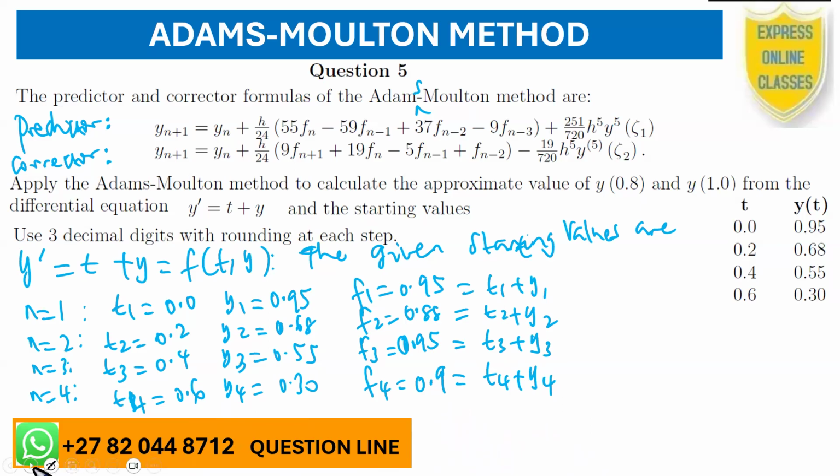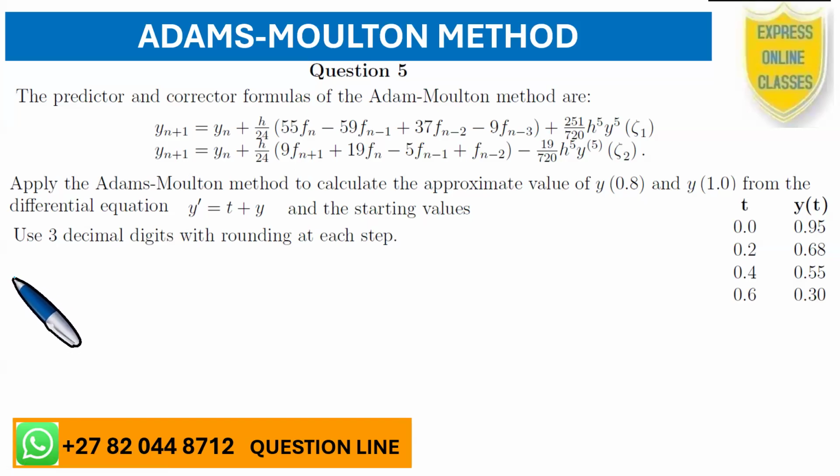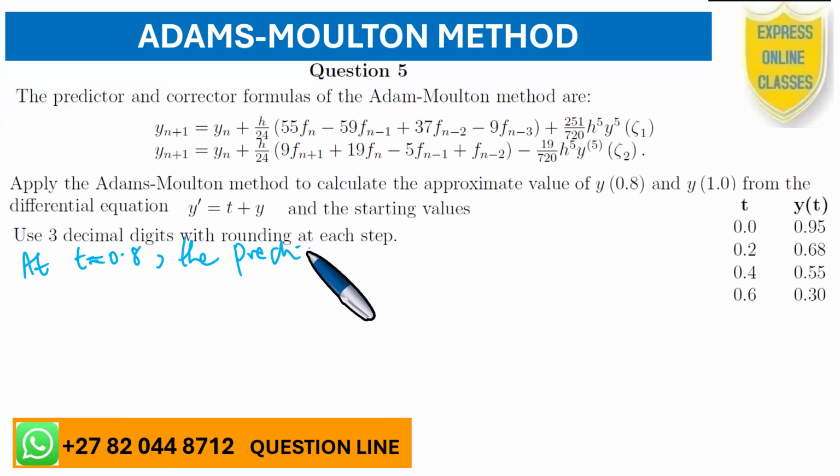So if we continue like this, then we then say t equals 0.8. The predictor is, okay, this is the predictor. So the predictor is this one, and this one is the corrector.